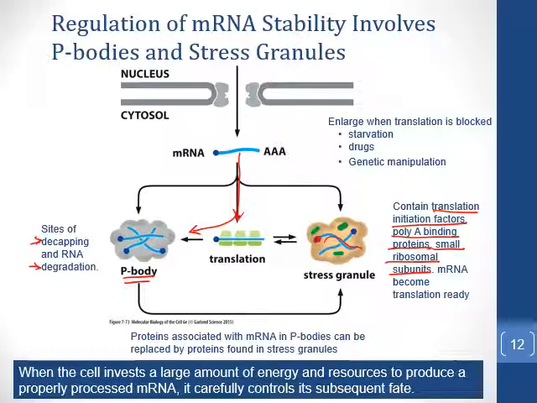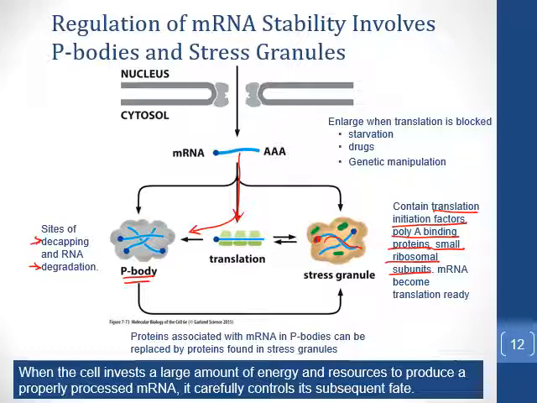Those are all things that are going to promote translation, right? Those are all things that are going to lead to mRNA stability and ultimately translation. So one way to think about stress granules is that they are sites within the cytoplasm where mRNAs become translation ready. So maybe for whatever reason translation is halted, and these mRNAs get stored in these stress granules.